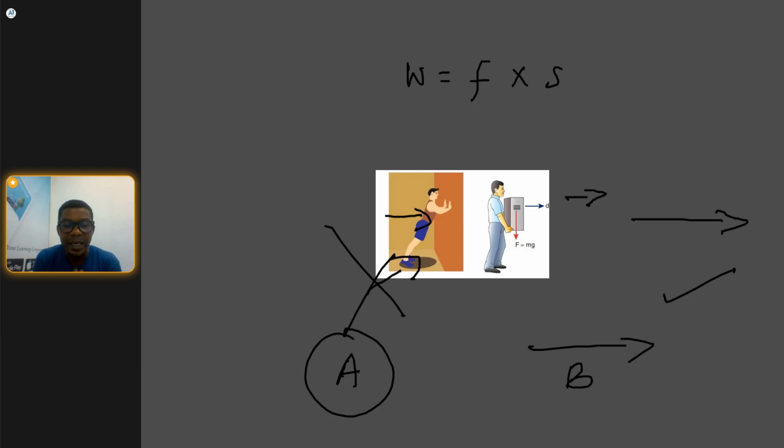Mr. A is not performing any work, but Mr. B is performing work because the object he is holding, which he has applied a force to, is also moving towards a direction. So there's displacement. There's a distance covered for Mr. B. I believe that is clear to us.